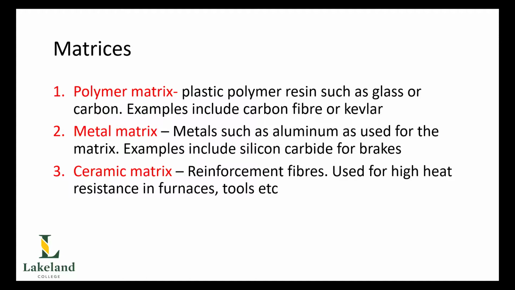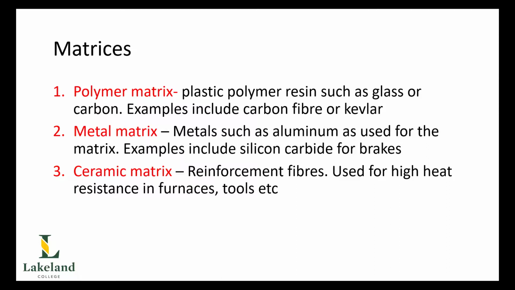Classic examples for a polymer matrix would be applications like Kevlar, which is used by the military for combat body armor. You can also get things like carbon fiber, which is now used a lot in the automotive industry for carbon fiber panels, carbon fiber braking, etc. Very high strength, high heat resistant material, but very low weight.